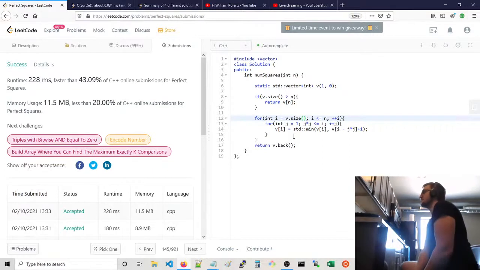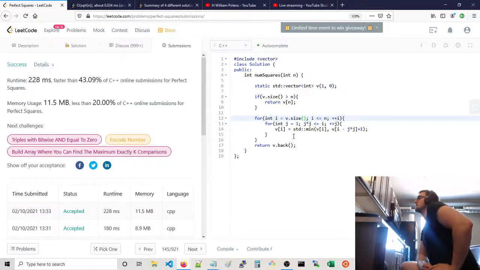If the size is 1, then we want to go to, let's say n is 3. We need i to go from 1 to 3, less than or equal to 3. Yeah, that's fine.